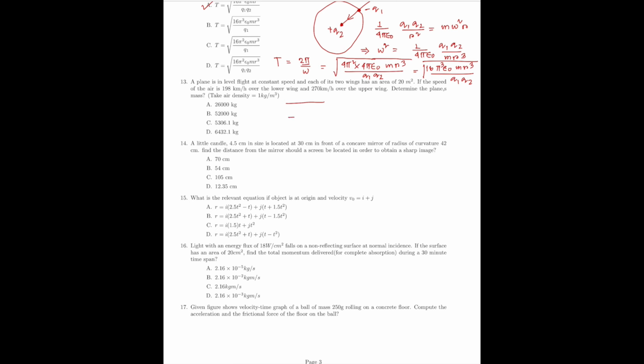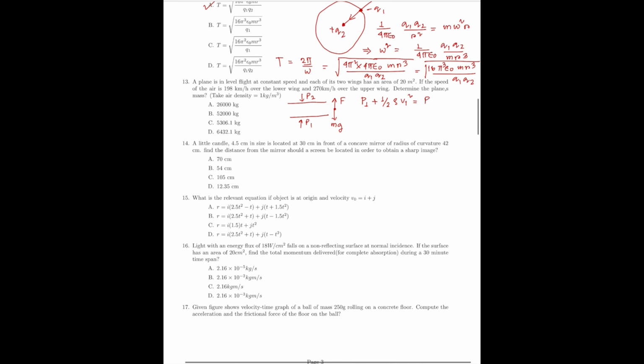Suppose this is the upper wing, this is the lower wing. There is a pressure P2 here, there is a pressure P1 here, and due to this pressure difference, the flight will experience an upward force F, which is balanced by the gravitational force mg to place it in a level.